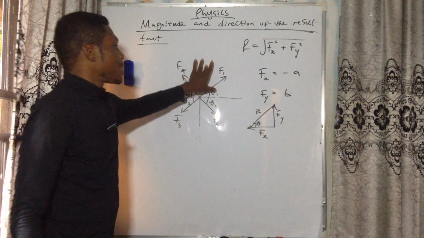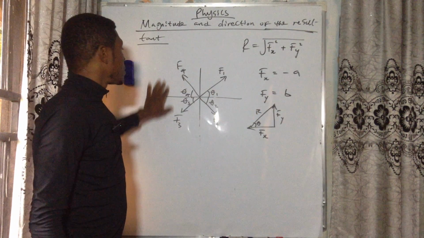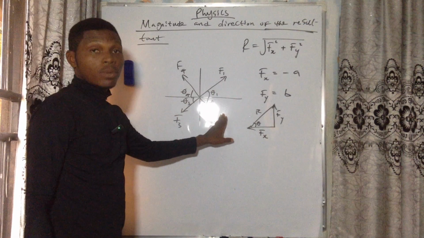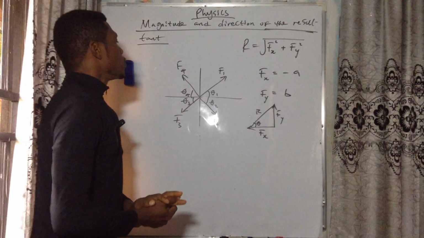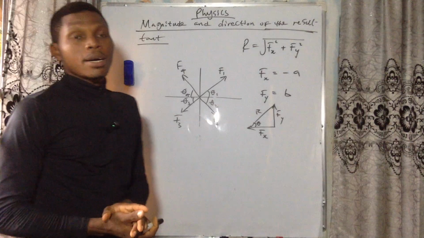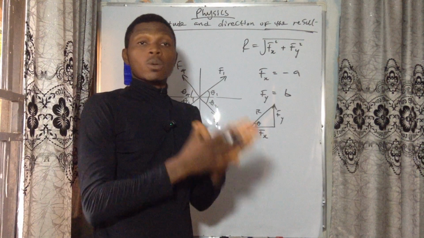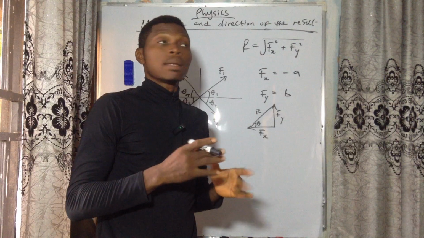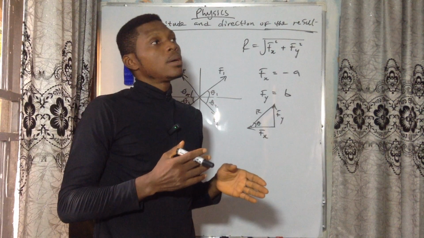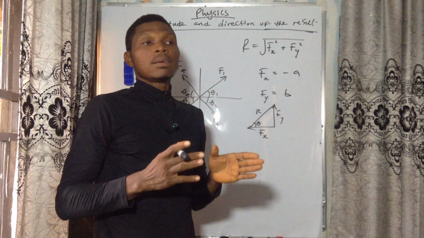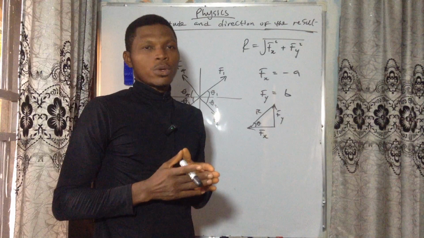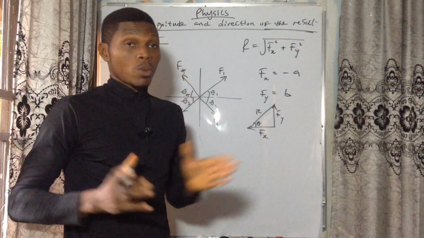Listen, this is the first quadrant, this is the second quadrant, this is the third quadrant, and this is the fourth quadrant. A quadrant is like dividing something by 4, one quarter of something, anything. That's what a quadrant is.